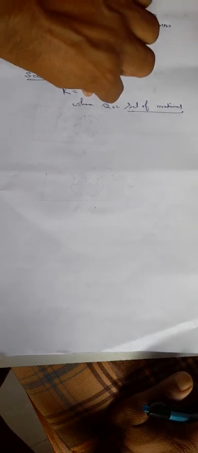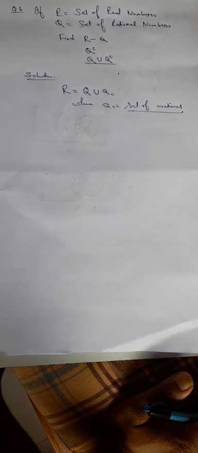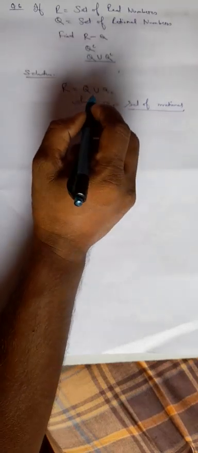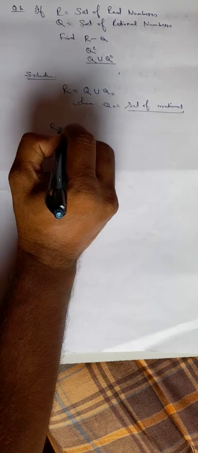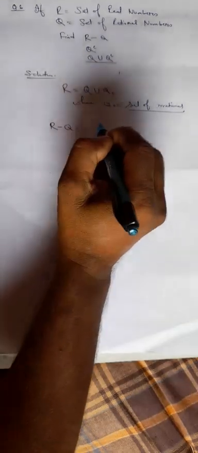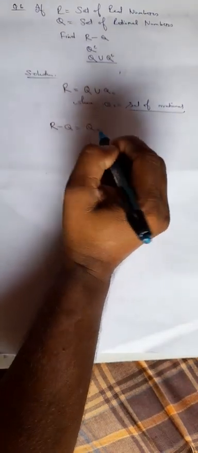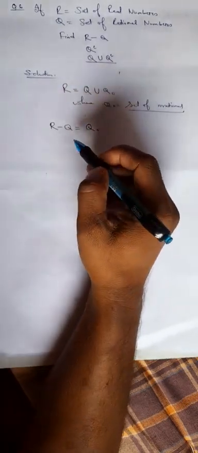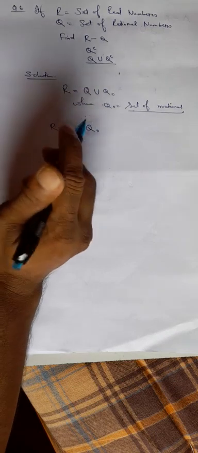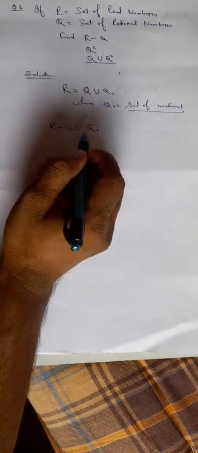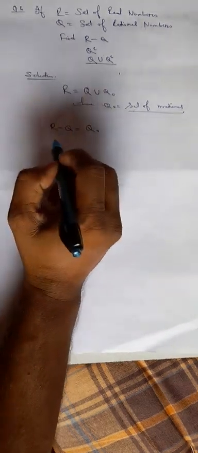Rational and irrational numbers are together called real numbers. So R is the union of Q and Q naught. So when you find R minus Q, then you will get Q naught, right? That means those elements which are in R but not in Q, that means irrational numbers. So R minus Q is irrational numbers.